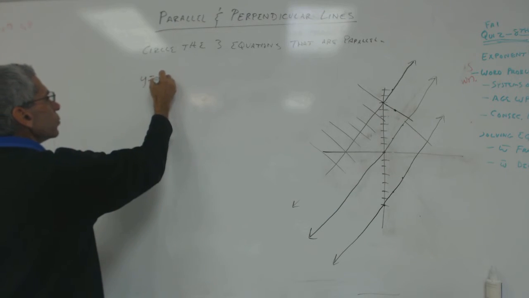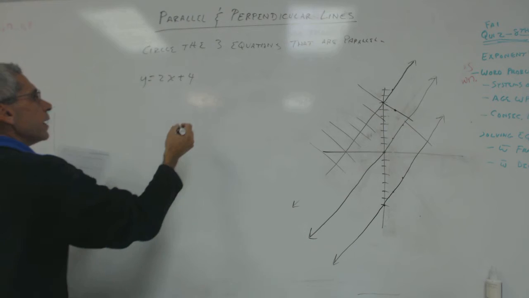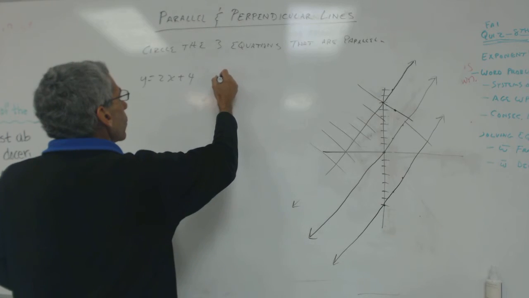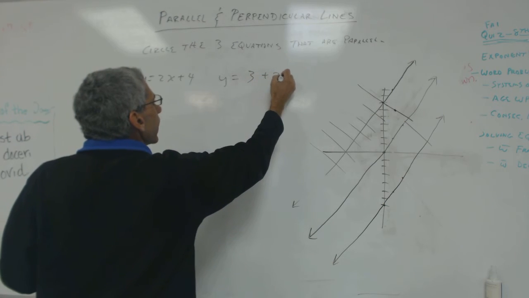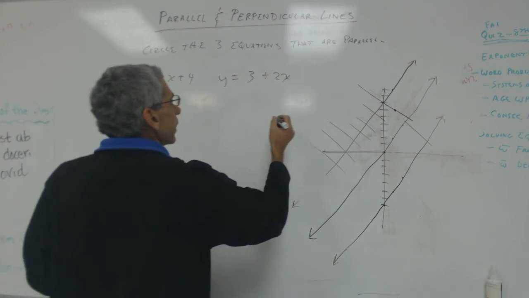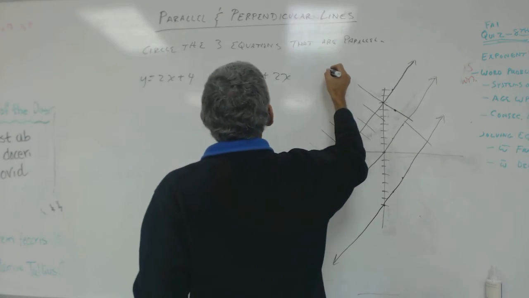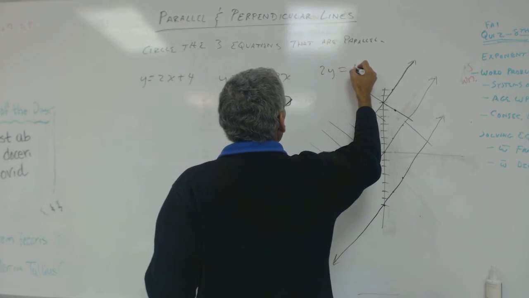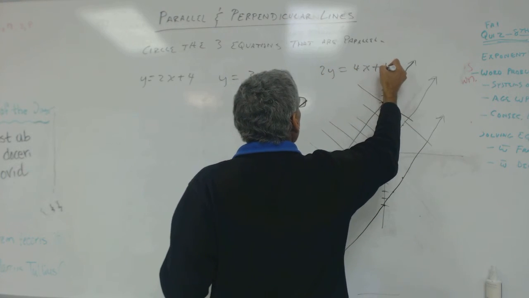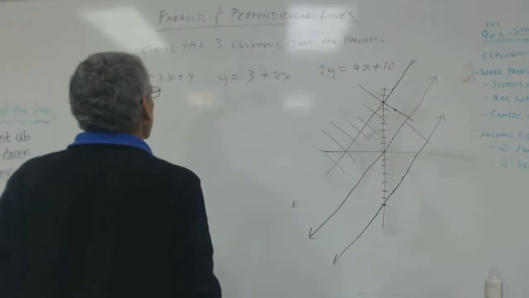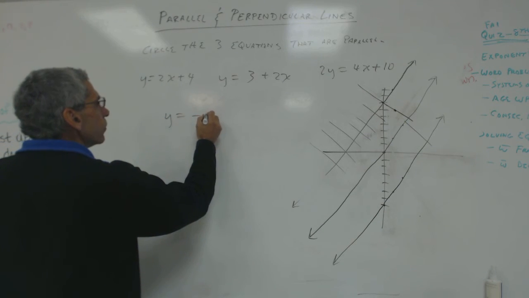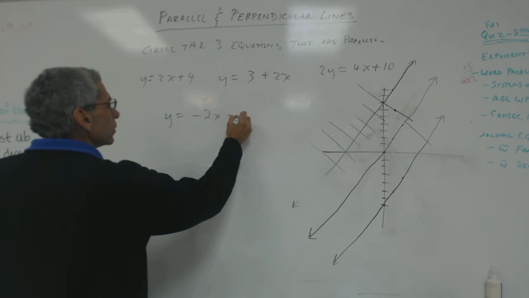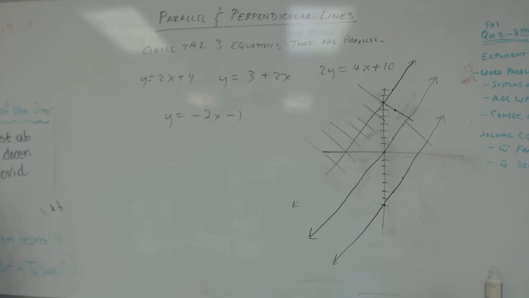So y is equal to 2x plus 4. And then I'll say y is equal to 3 plus 2x. And I might say 2y is equal to 4x plus 10. And I might say y is equal to negative 2x minus 1. So which 3 are parallel?